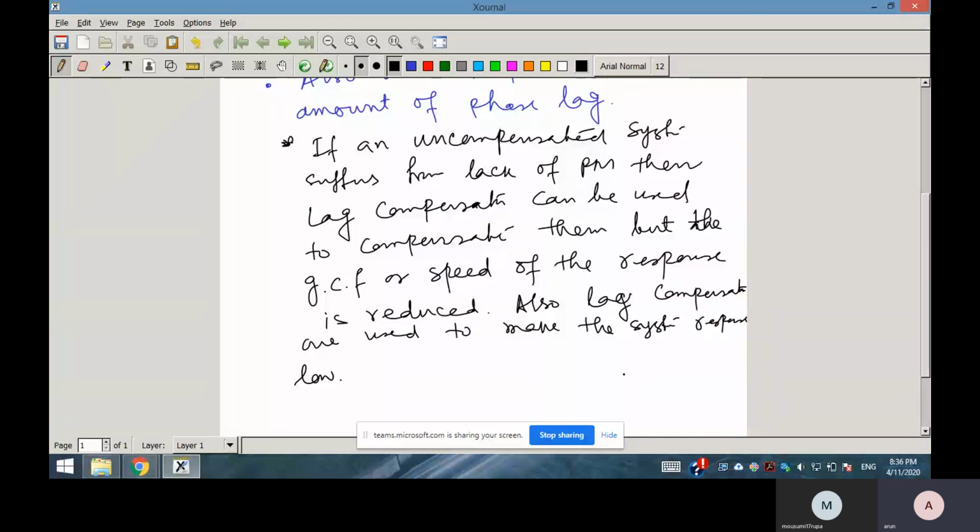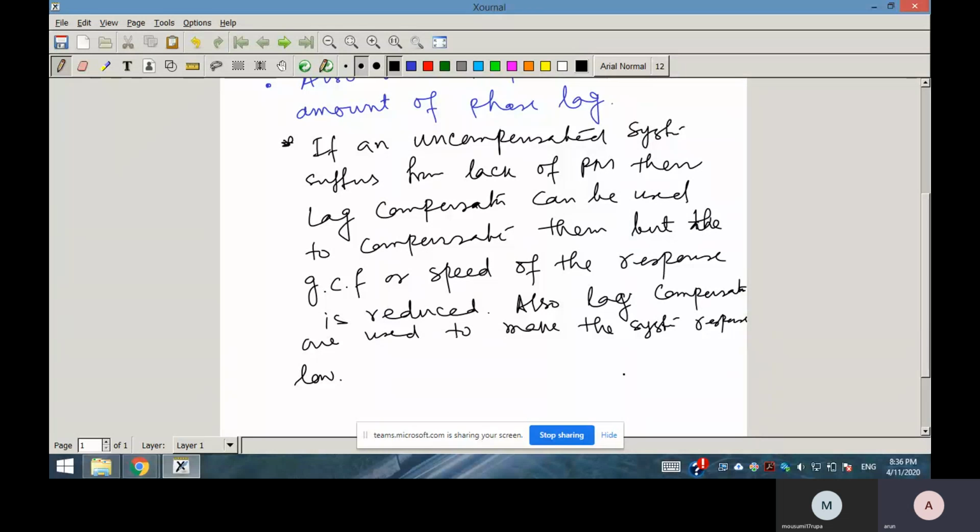But the main thing is that if your system does not satisfy, suppose, your phase margin specification, then you can compensate to achieve the phase margin. But at that time, what you have to do is reduce the speed of the system. That means you have to reduce the gain crossover frequency.